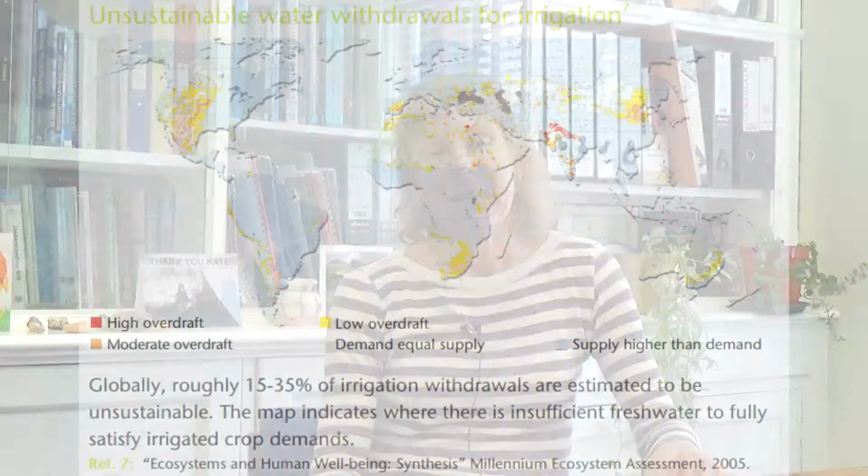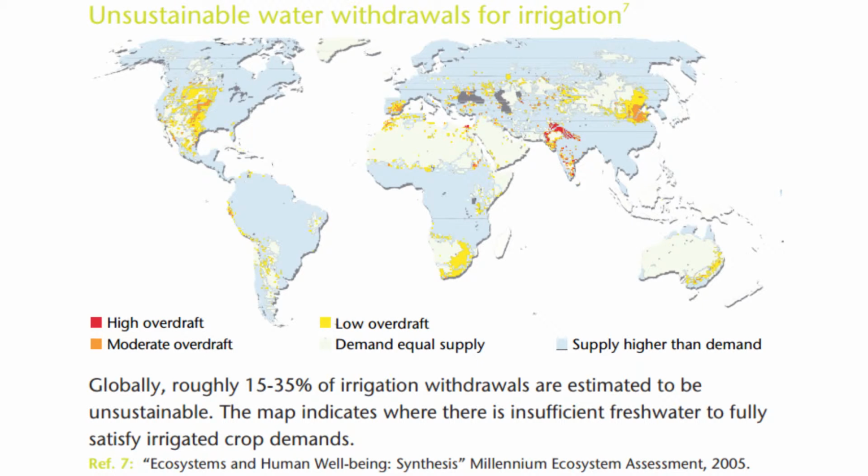It's been estimated that between about 15 and 35% of irrigation water use is unsustainable, and this will result in water resource crises in the future if we don't use more efficient food production systems or increase the efficiency of our water use. And as a result of this, it's estimated that about 2/3 of the world's population will live in water-stressed areas by 2025 if current consumption levels continue.